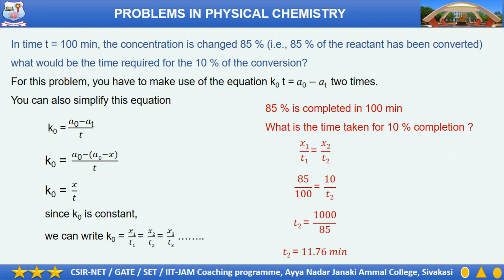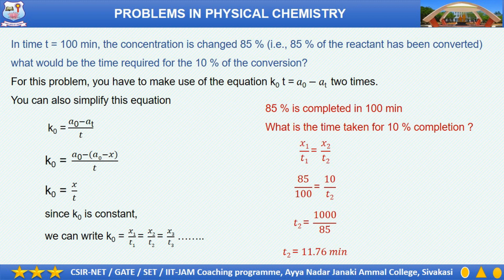Therefore, K naught is equal to X by t, where X is the amount reacted in time t, from which you can easily calculate K naught. You do not need to go through all of this, and you can make use of this equation for two sets of data.